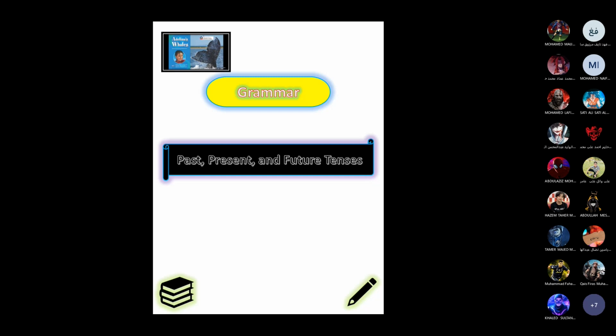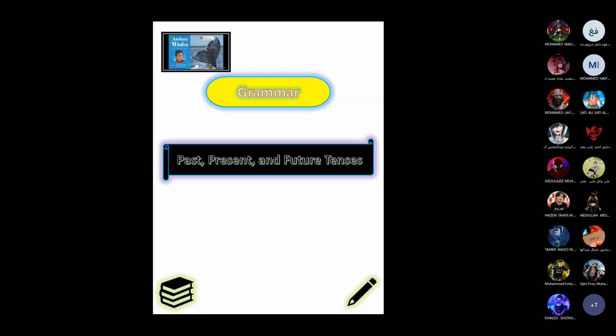We have a main verb, we cannot change it in the sentence, and it's very important in the sentence, and we have a helping verb, just a way to help or to support the main verb to explain in which tense the sentence is, past or present or future, or the form of the verb, like past participle or present participle, or its past form.